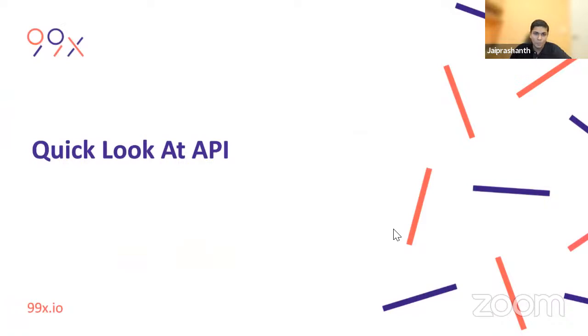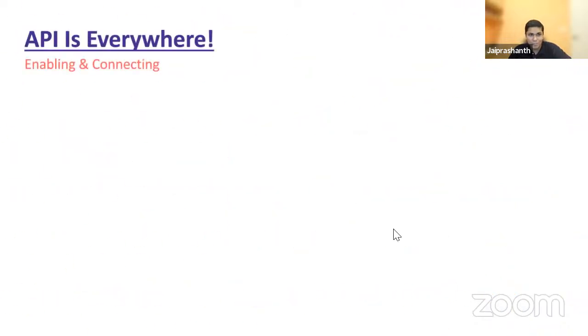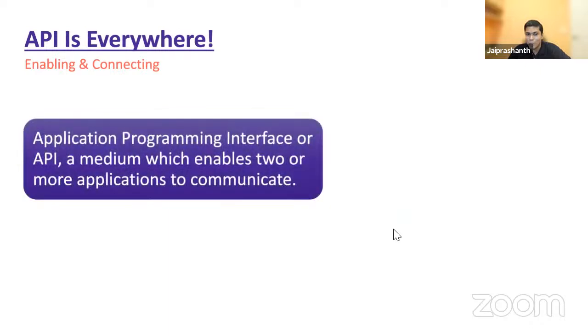Before we go into GraphQL, I would like to take everybody through a refresher and have a quick look at what API is about. API is everywhere. The keywords I would like to point out are enabling and connecting. So what is API in general? Most of us have smartphones with us, and what happens in the background is somewhat of a mystery to the lay person.